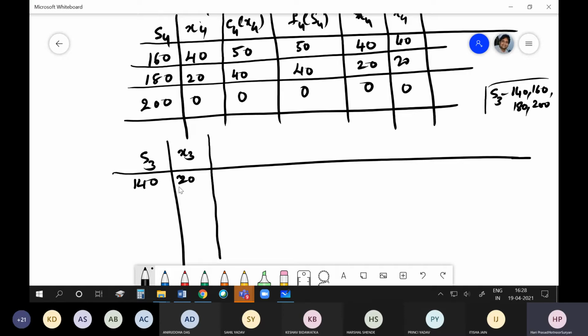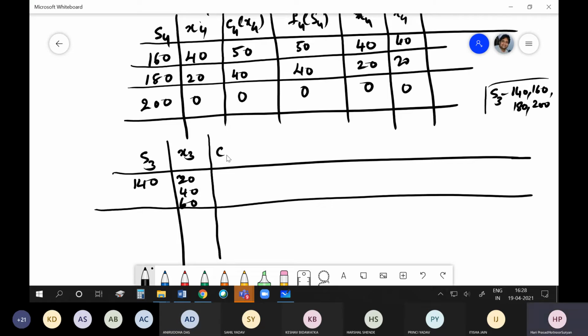So 20, or I may increase it to 180 also, or I may increase it to 200. Then C3 of X3, I am just putting it from the table: 60, 80, 100. This is C3 of X3.